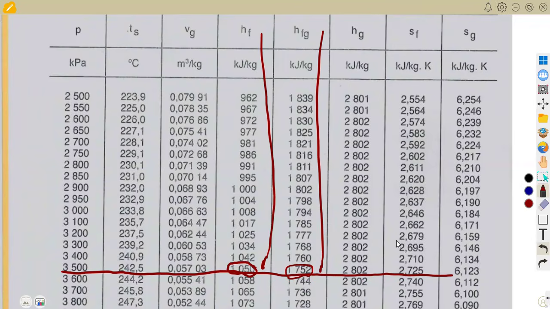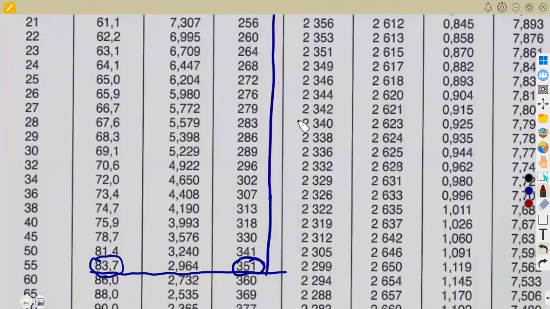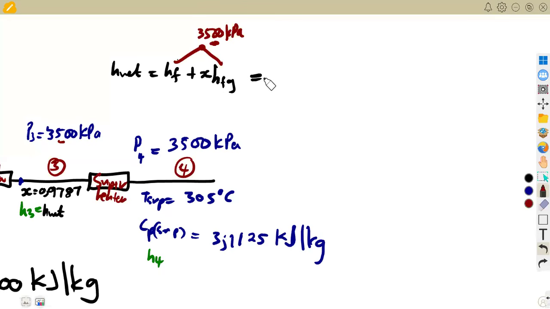So it is very important that you have this. All right. So 1050. Let us go back and substitute. Take note, it's hf and what? hfg. I hope you understand me, guys. We're not even supposed to calculate this, but I'm saying we can do that, because those points definitely are going to need them. So hf at 3,500, we saw that it's 1050.